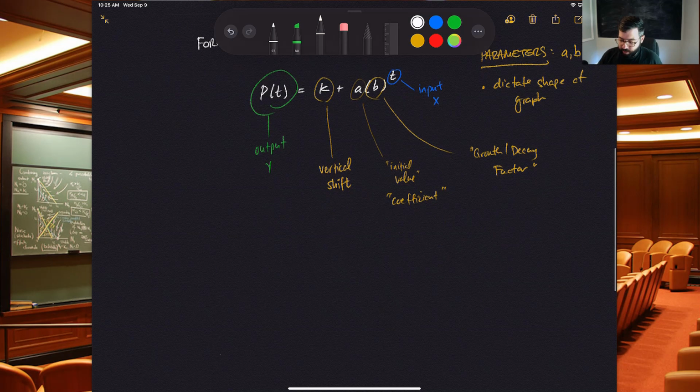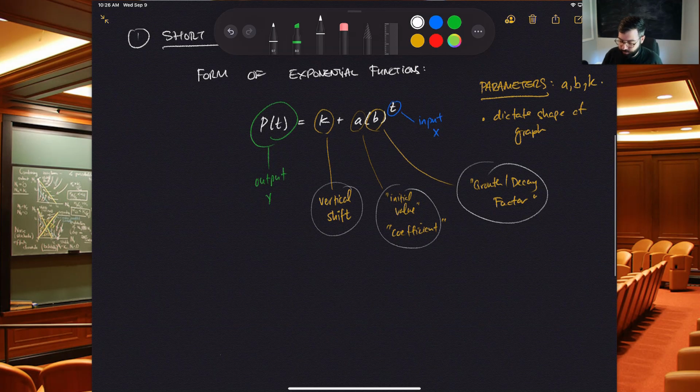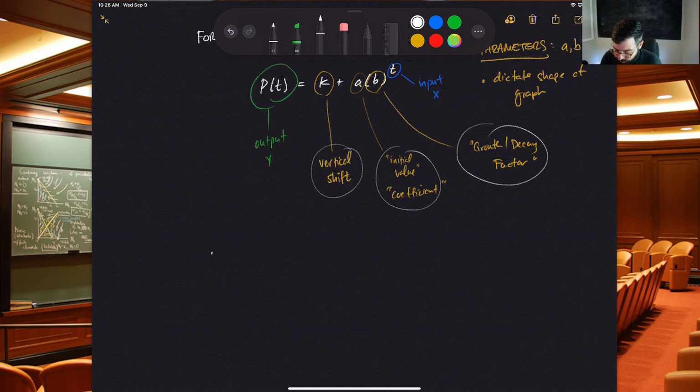I'm going to pull up a graph here in a minute, but these are just important to remember what these dials do. So we'll say, if b is greater than 1, what do we know? If b is greater than 1, this is an exponential growth curve, right? It's going to be accelerating in the direction of growth.